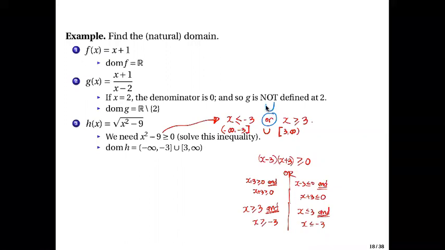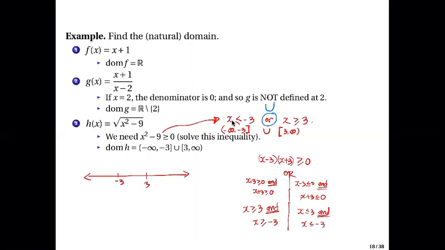And when we say union, we mean we combine the solution set on this side with the solution set on this side. So graphically, let's look at that. If this is your real line, this is your negative 3 here, and this is your positive 3 here.